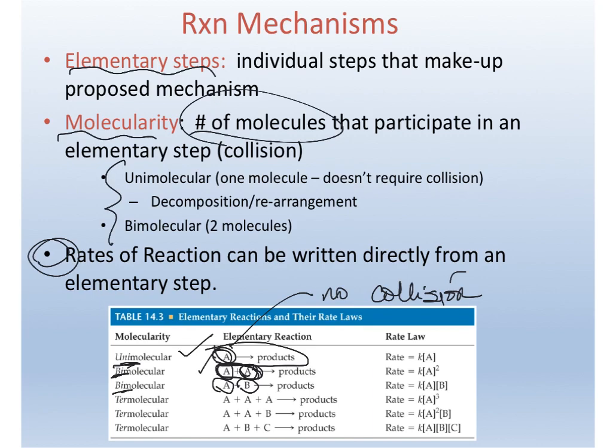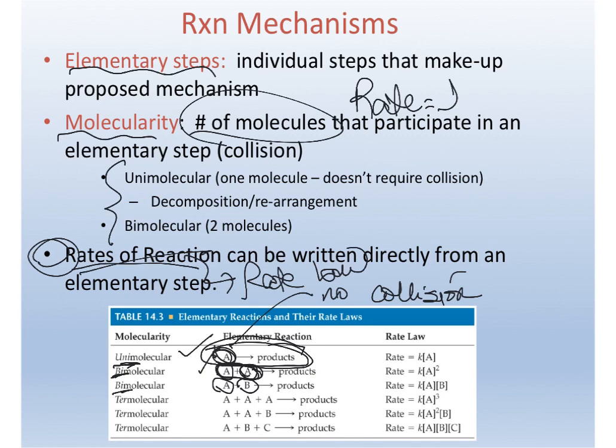Another really, really important feature of elementary steps is that the rate law can be written directly from an elementary step. So notice in this one, we just have reactant A going to products. Do you remember the generic form of a rate law? It is that rate equals rate constant times the concentration of a reactant raised to some power.